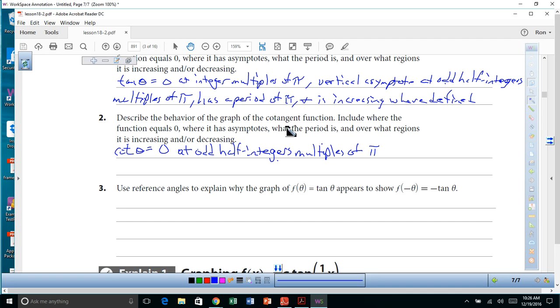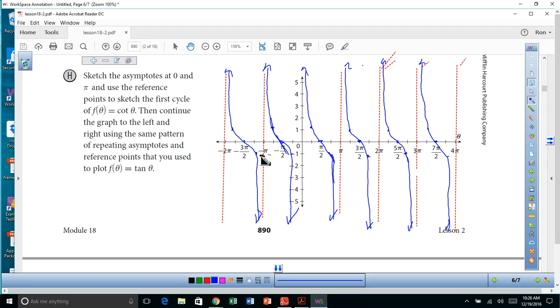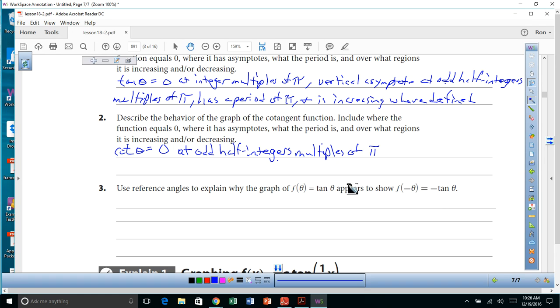Okay, and where are the vertical asymptotes? Well, the vertical asymptotes are at negative pi, 0, pi, 2 pi, 3 pi. So it's going to have vertical asymptotes at integer multiples of pi.